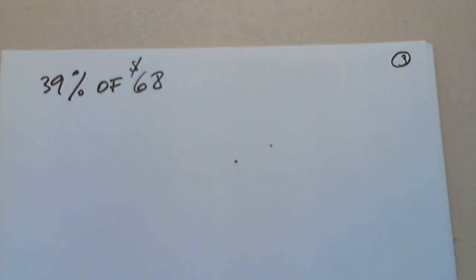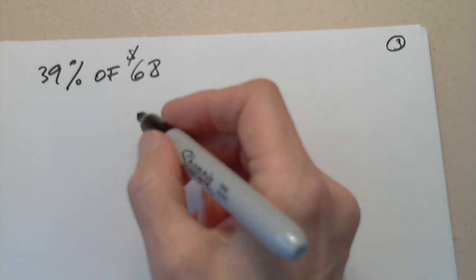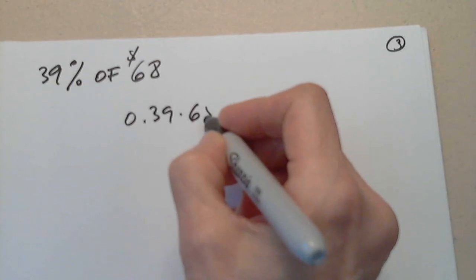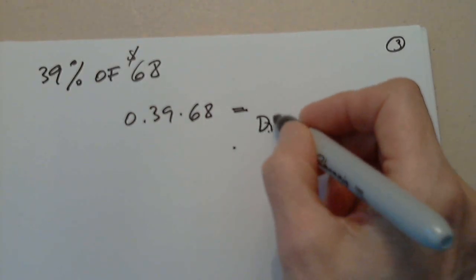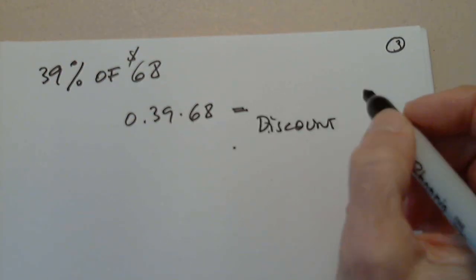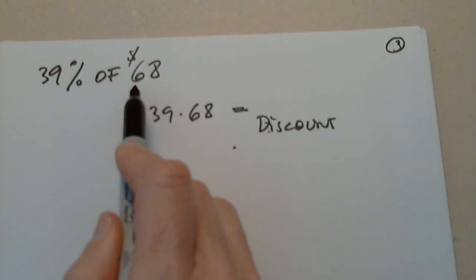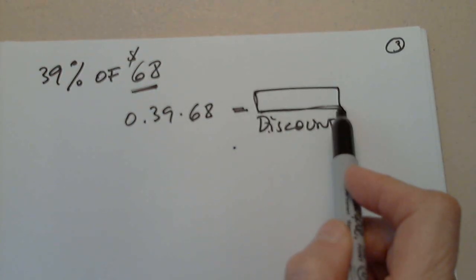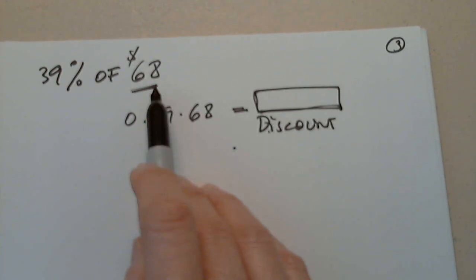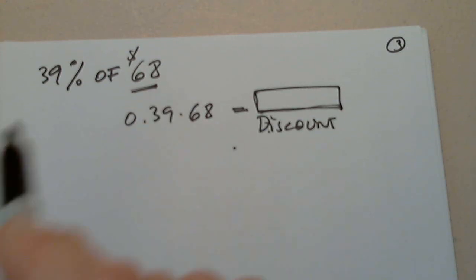So 39% of 68 is 0.39 times 68, or 68 times 0.39, it doesn't matter. And this is the discount. So the actual price will be 68 minus what we get here as a discount. And the discount is 39% of the original price.